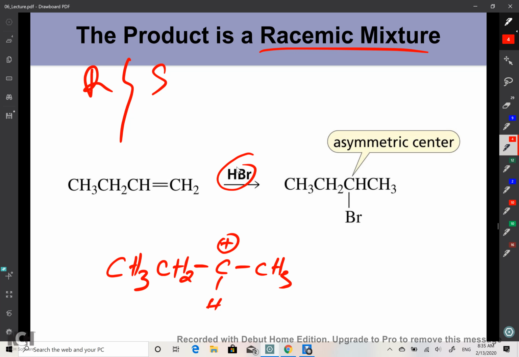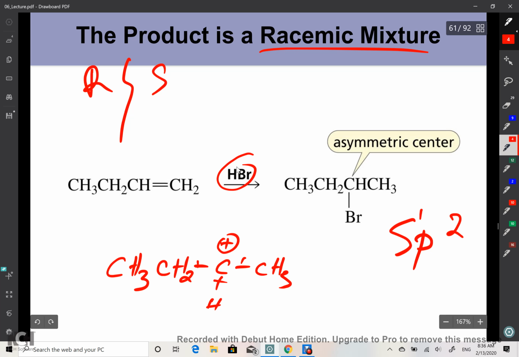Question: what is the hybridization of that carbocation? What is the hybridization of this carbon? Say that again. What is the hybridization? Okay, the hybridization is sp2. How do I know that? Because we have 3 bonds surrounding that carbon. There are 3 bonds. 1, 2, 3. 3 sigma bonds.